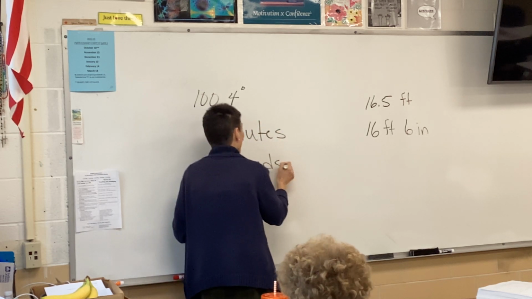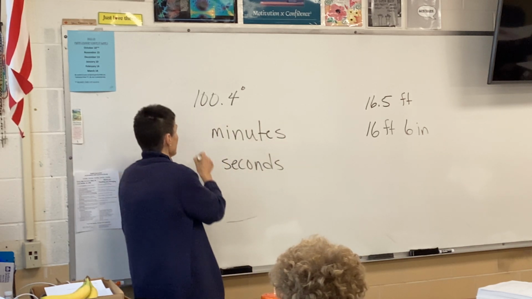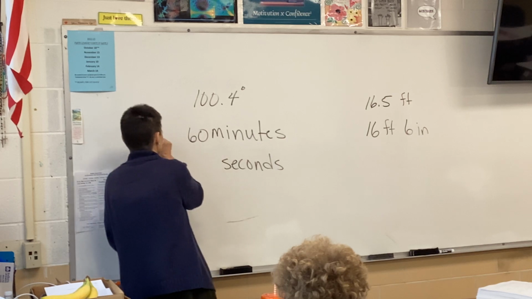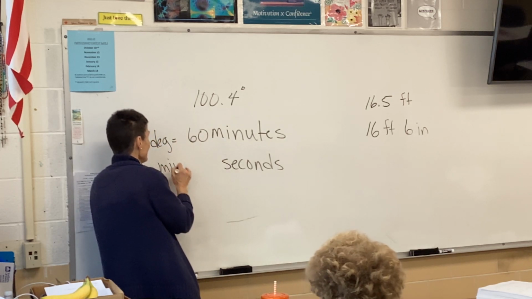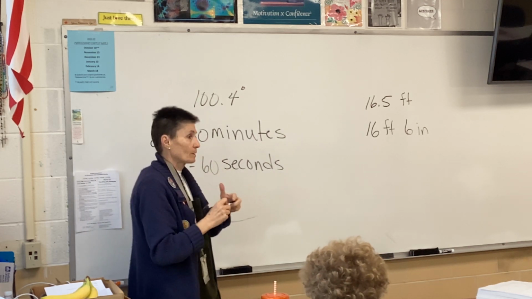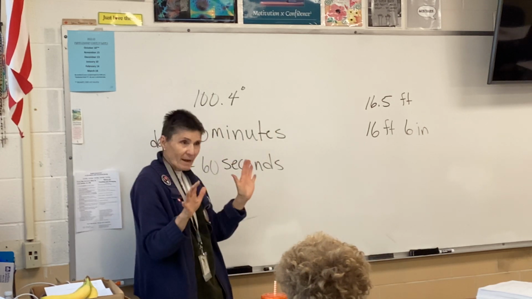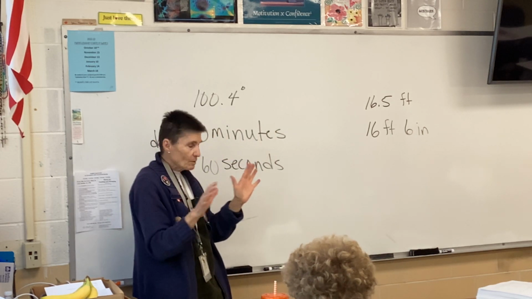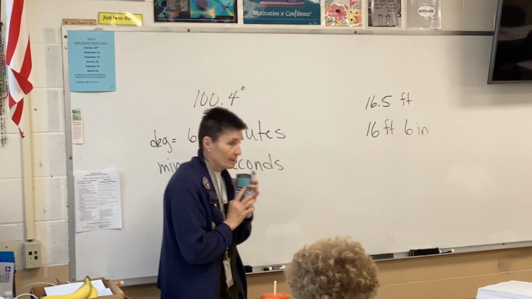So it's kind of like an hour on a clock. If you think of a degree as being an hour, it has 60 minutes. A degree can be broken down into 60 minutes, and a minute can be broken down into 60 seconds. Now, back when I was taking this class, we had to do all this by hand, and it was torturous. You guys can do it on your calculator.